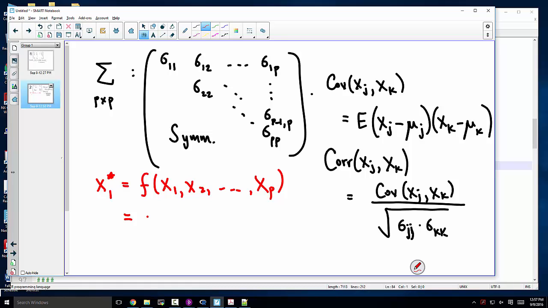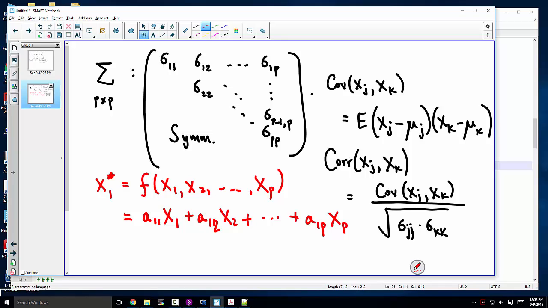What that means is we're going to find a constant, call it a11, that we multiply by the value of x1, plus another constant, a12, times x2, plus and so on, up to a1p times xp. A very simple way to take p variables and turn them into just one.